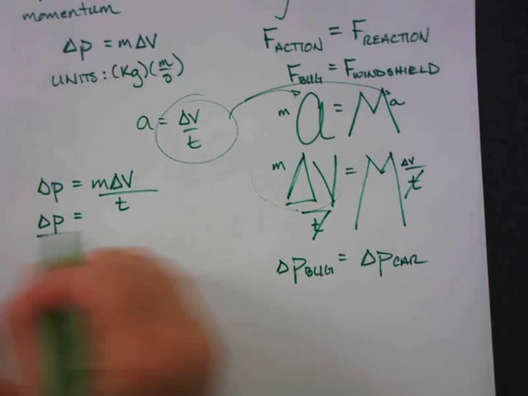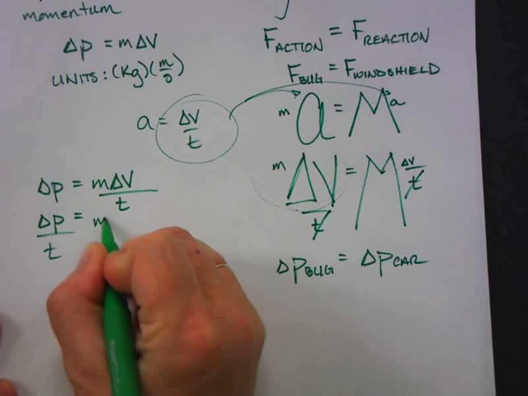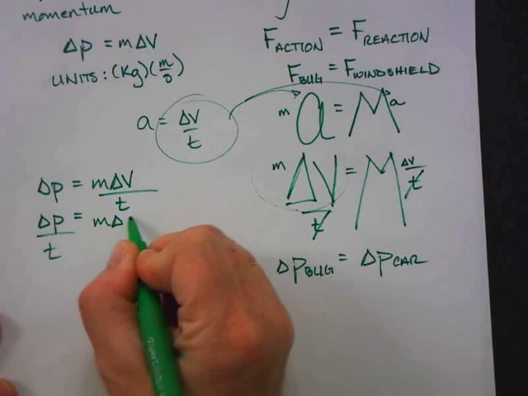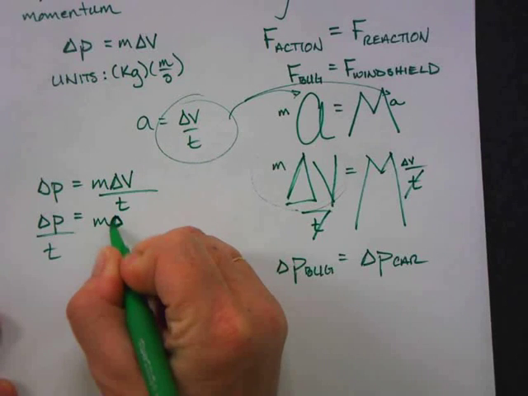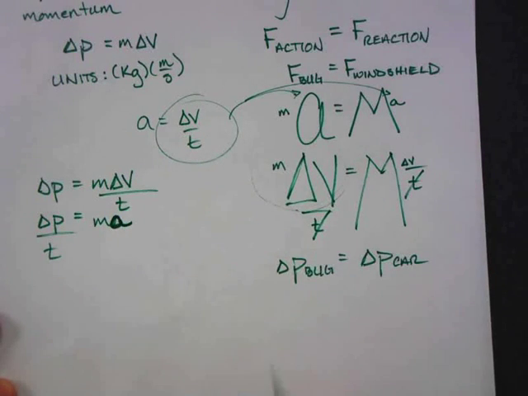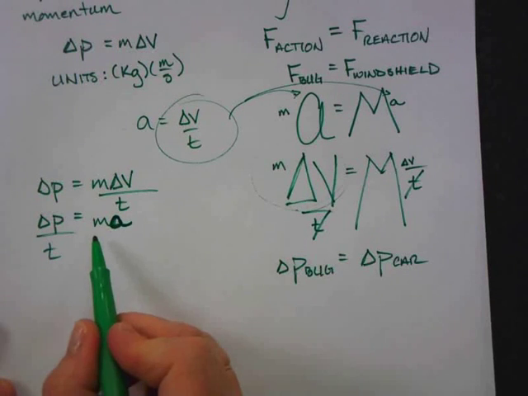If I divide by time, I have to do the same thing over here. Delta V over T is acceleration.